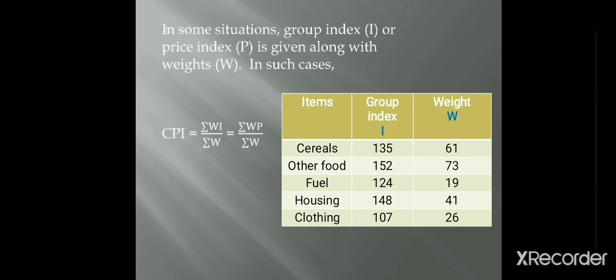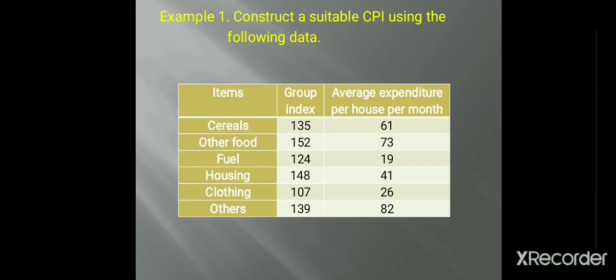Here I consider some examples. To start with, the first example. Construct a suitable consumer price index using the following data. The first column heading is items, and the entries are cereals, other food, fuel, housing, clothing, others.